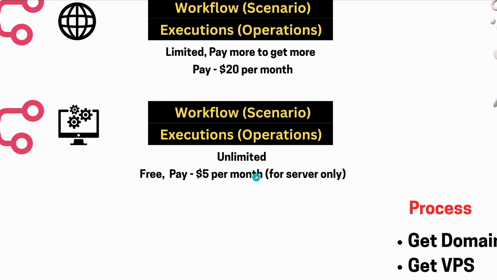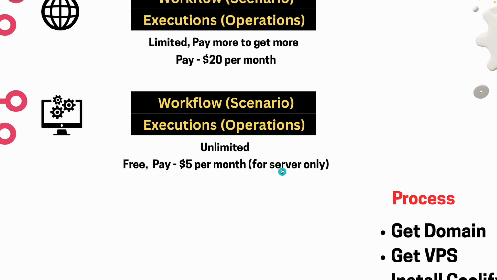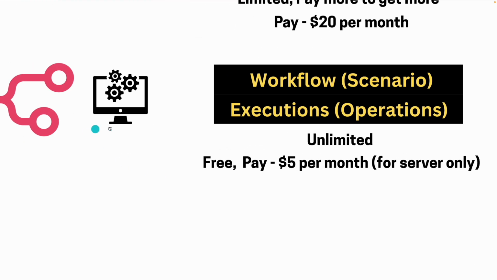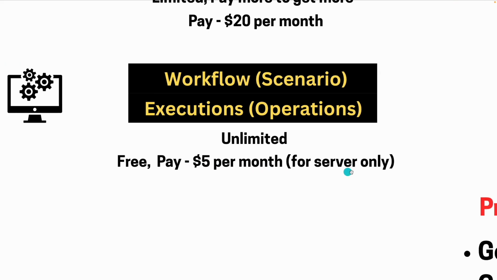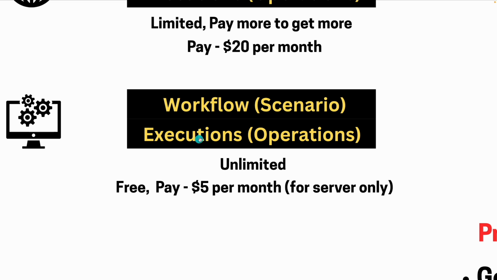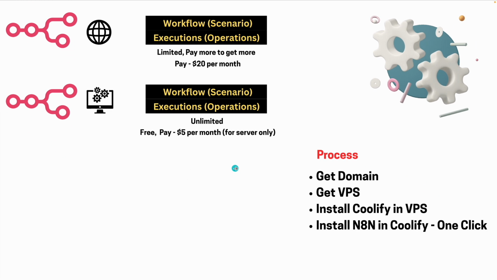You just need to get a server, a sort of web hosting or VPS, and for just $5 per month you can pay for the server and use N8N free for a lifetime. So we will install the N8N community version, which is absolutely free. All you need to pay is $5 per month for the server cost. That's it. And when we talk about workflows and executions, they will be unlimited. That is the benefit of it.